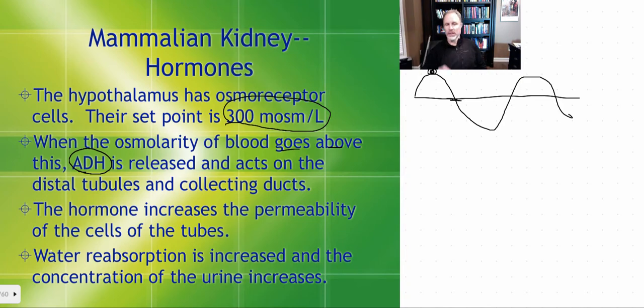So this hormone is going to increase the permeability of the cells that make up those tubes of the collecting duct and the distal tubules. Okay, and so the water is going to be reabsorbed. The water reabsorption is going to be increased, and we're going to increase the concentration of the urine by pulling more and more water out of it.